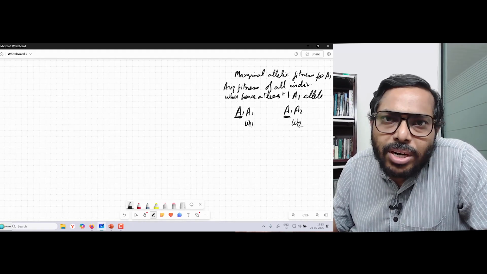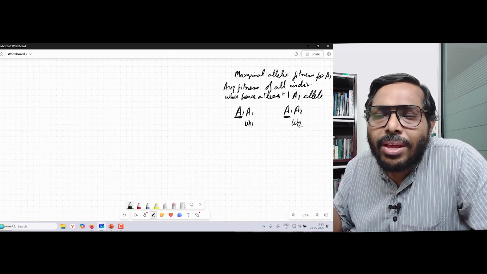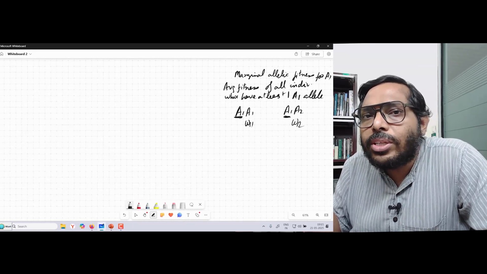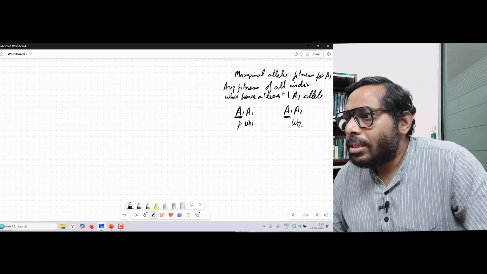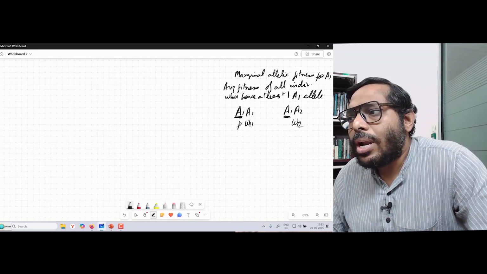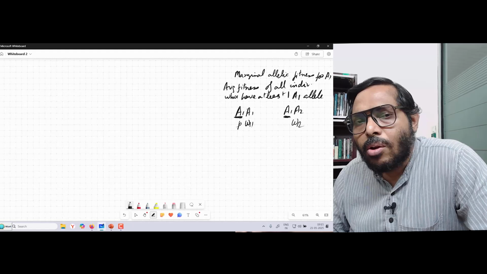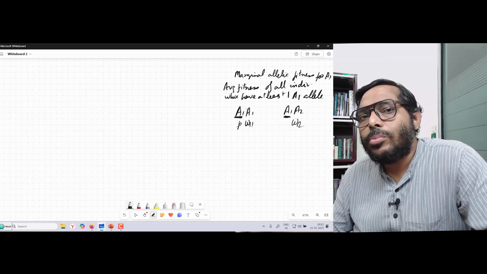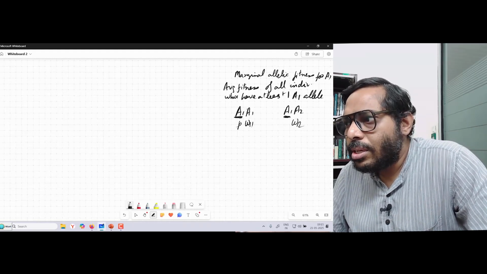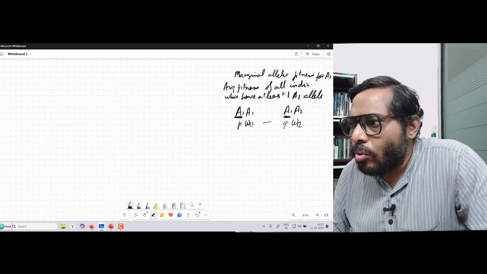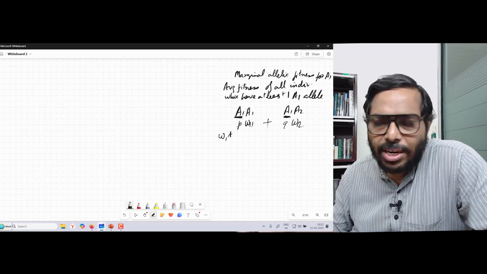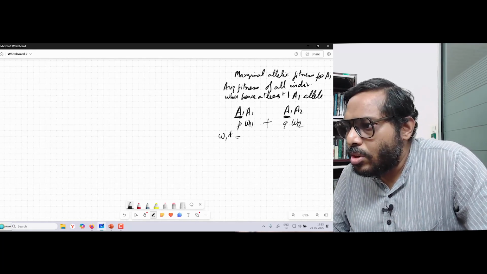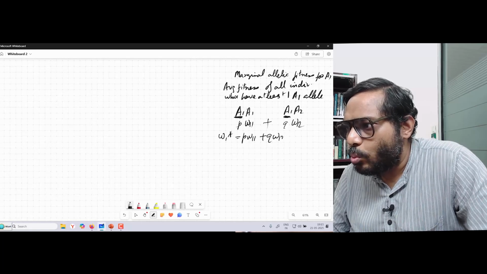Under the Hardy-Weinberg conditions, where we are operating, that is equal to the frequency of the allele A1, which is P. Similarly, what is the probability that the other allele is A2? That probability is simply Q. So, W1 star, the marginal allelic fitness of allele A1, is equal to PW11 plus QW12.